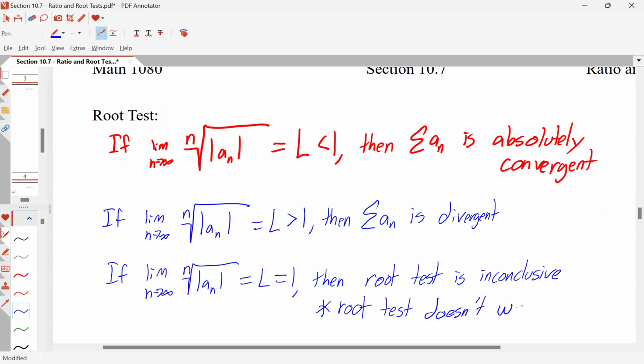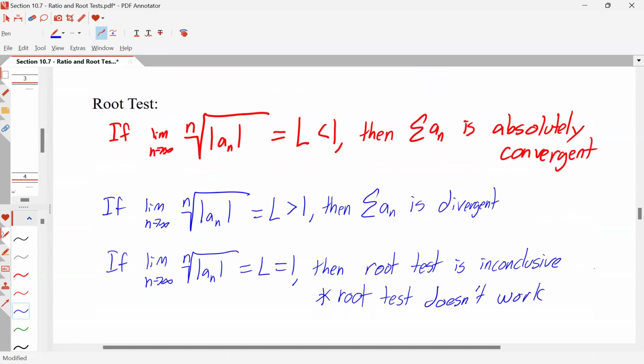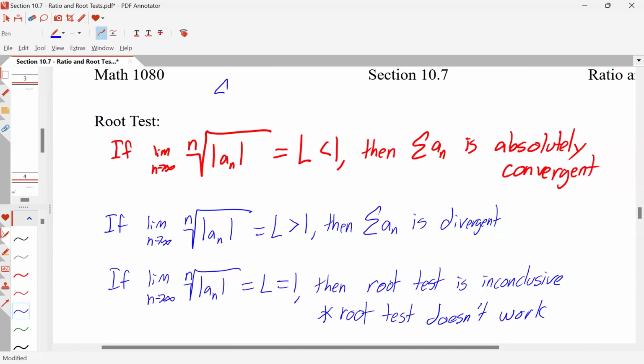Now, based on what we have with this root test, we are most often going to be looking for series that are of the form of some sequence raised to the nth power.